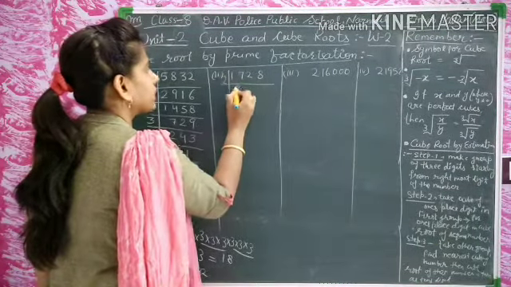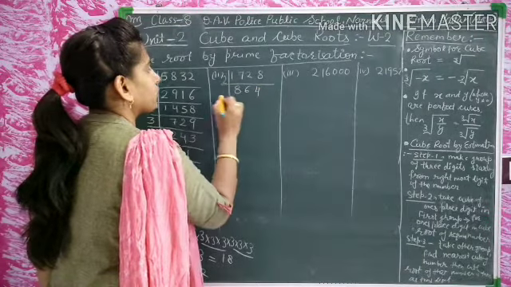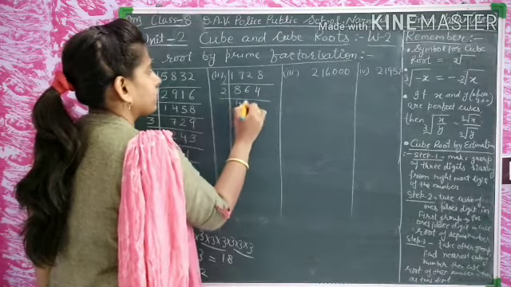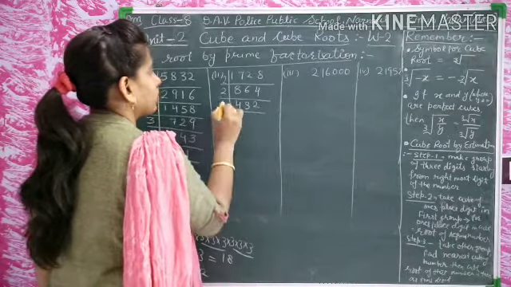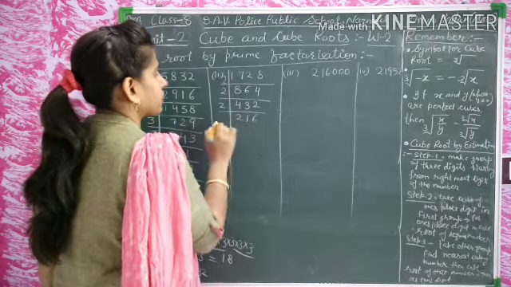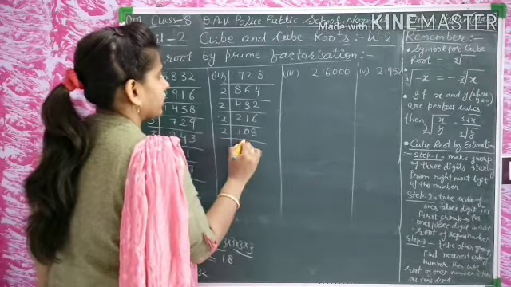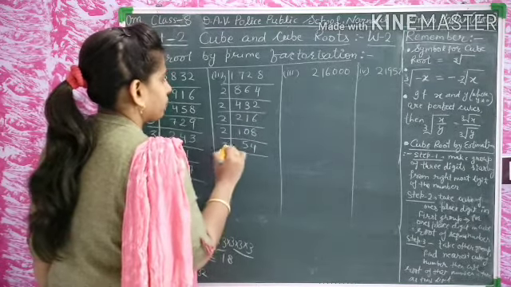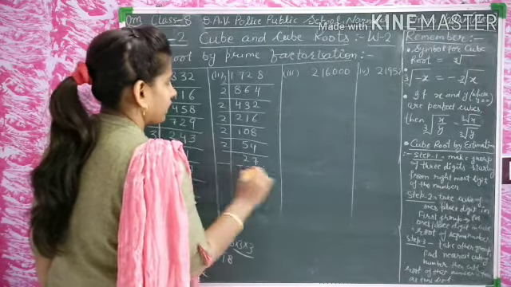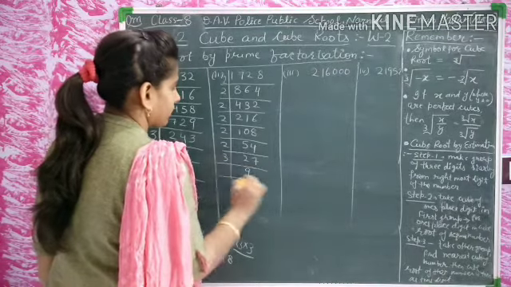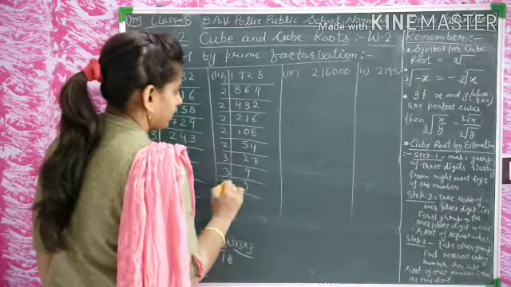2 times 8 is 16, 2 times 6 is 12, 2 times 4 is 8, 2 times 3 is 6, 2 times 2 is 4, 2 times 1 is 2, 2 times 5 is 10, 2 times 7 is 14, 3 times 9 is 27, 3 times 3 is 9, 3 times 1 is 3.